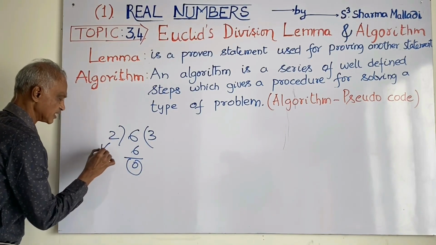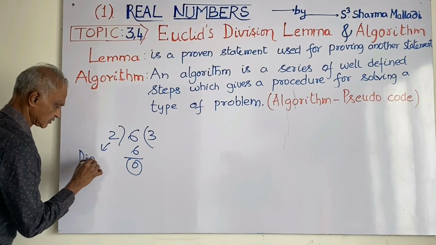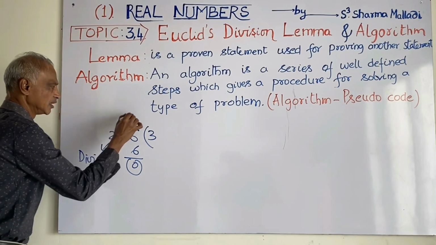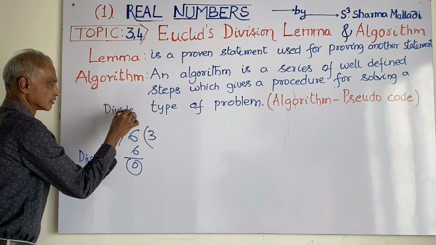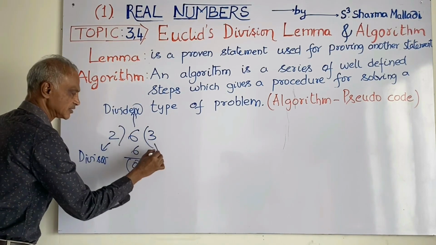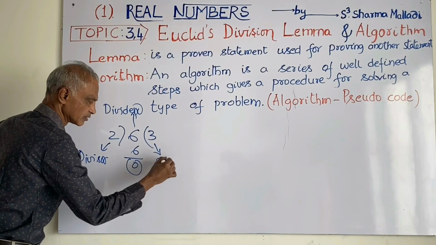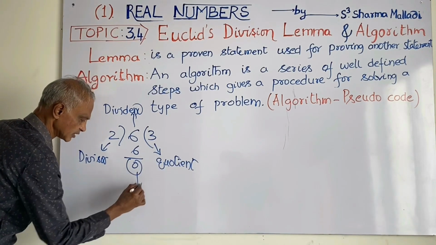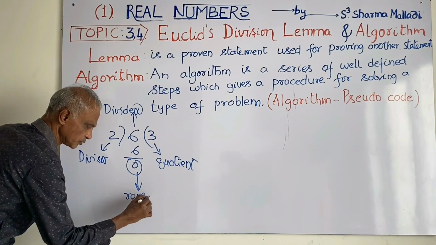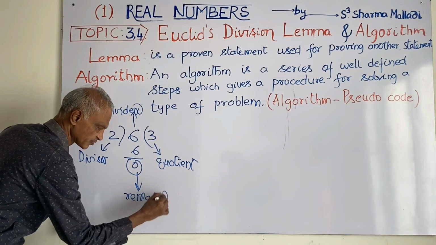This is the divisor, this is the dividend, this is the quotient, and this is the remainder. You should know all these things.